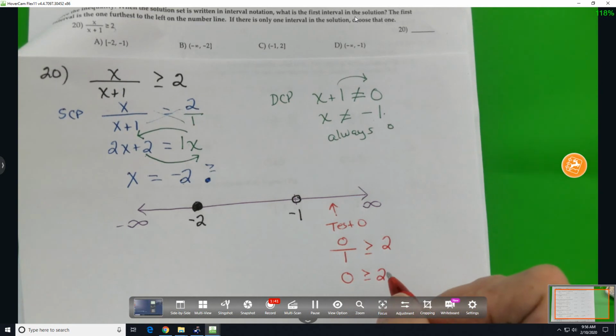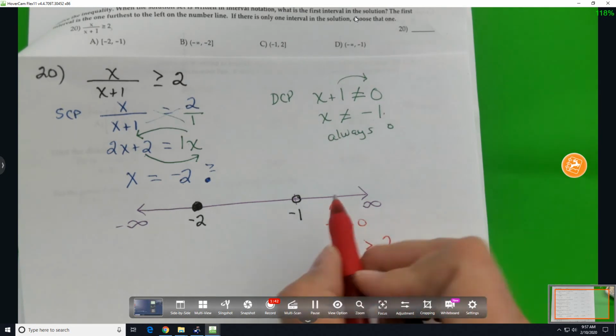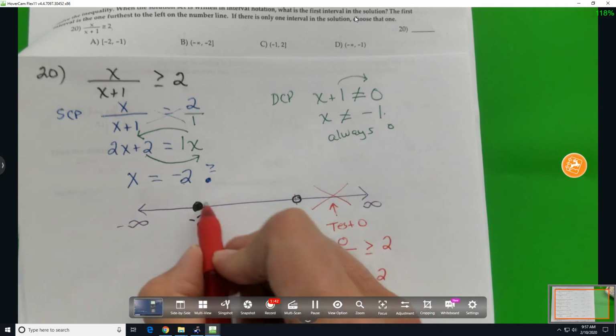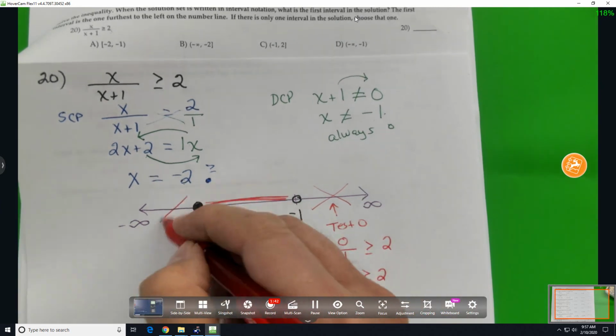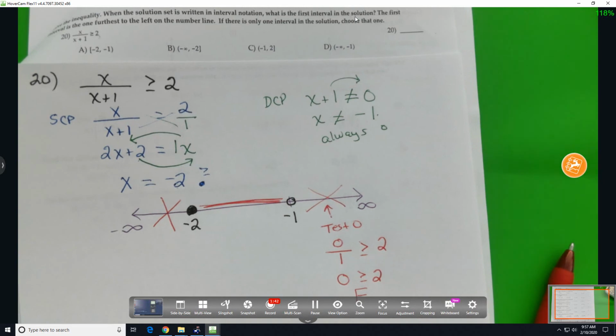True or false? 0 is greater than or equal to 2. False? Yeah, I think that's false. So, false. So your answer is just one interval, bracket negative 2, comma, negative 1, parentheses.